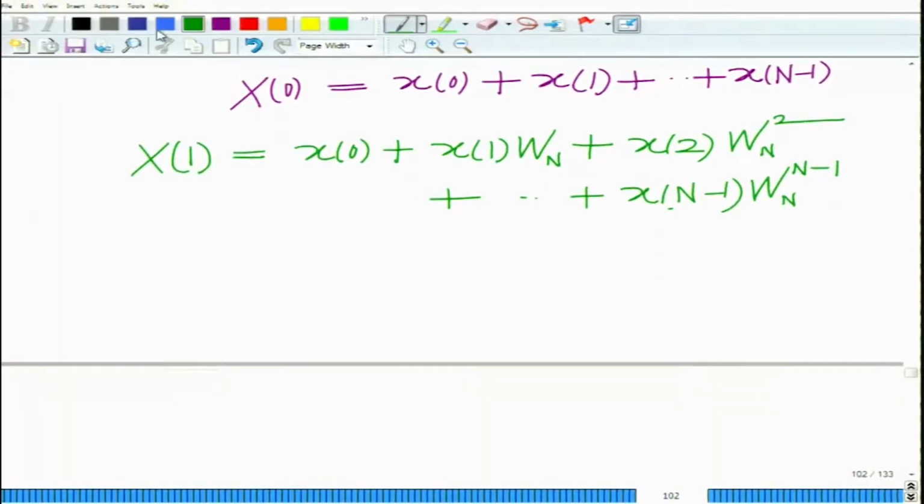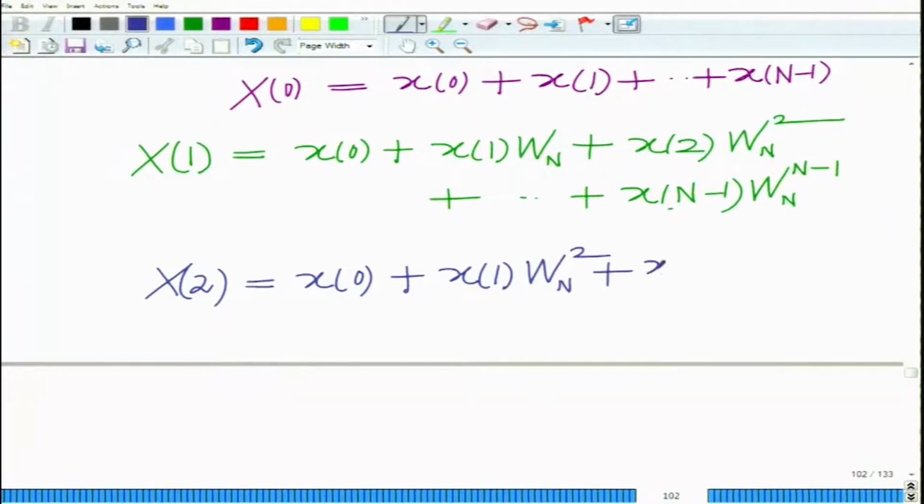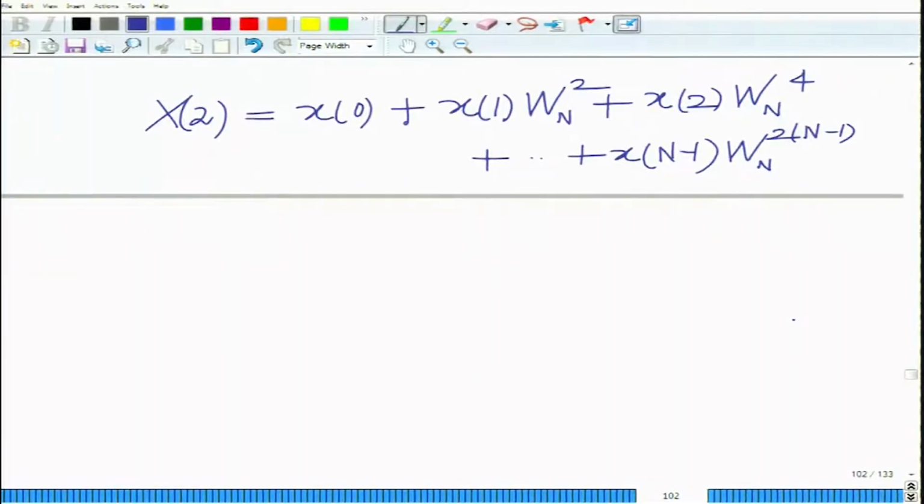Okay. This is X1. X2 will be x0 plus x1 Wn square, k equals 2, n equals 1, plus x2 Wn 4, k equals 2, n equals 2, plus xn minus 1 Wn raised to 2 times n minus 1, and so on, correct. What we are trying to do is develop a linear transformation, that is a matrix representation for this DFT.